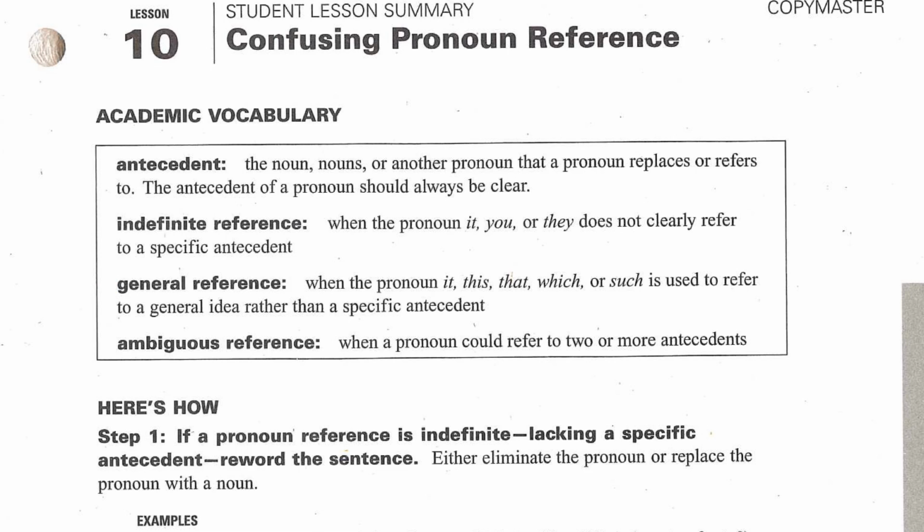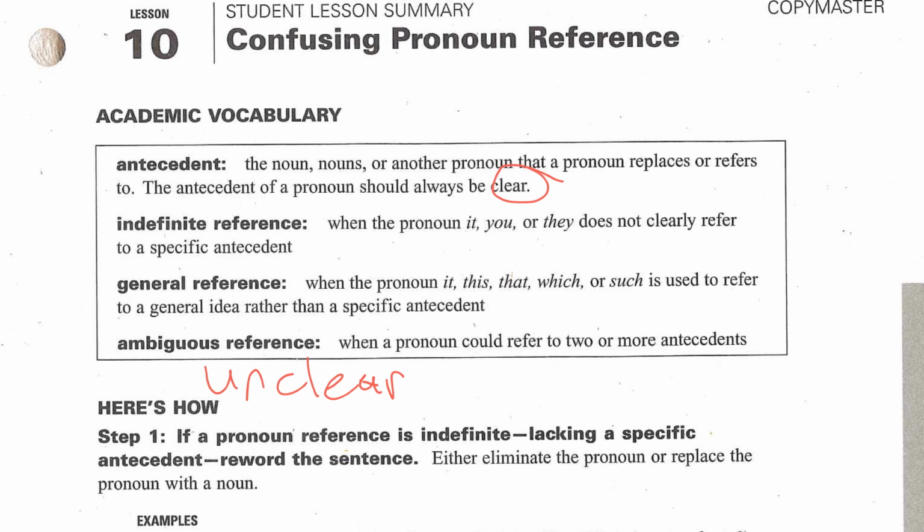And a general reference, when the pronoun it, this, that, which, or such is used to refer to a general idea rather than a specific antecedent. And ambiguous reference. Everyone say ambiguous. Okay, so ambiguous means unclear.